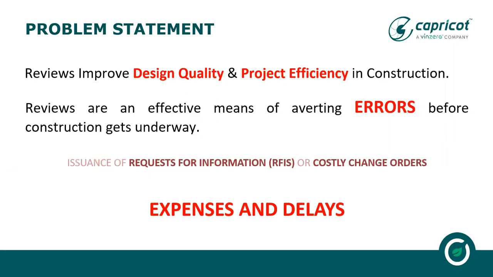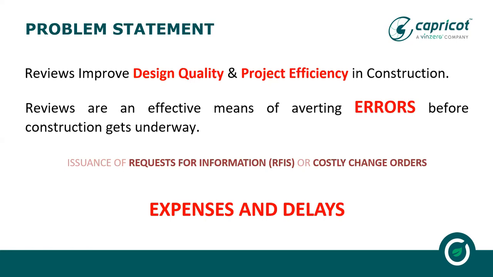Okay. So let's start with the problem statement first. Imagine that you are on a site and there is a drawing which you need to refer to for executing a construction process. But you encounter that there is an error in the drawing, right?